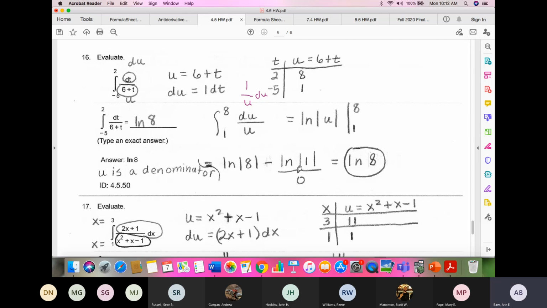Well, ln of 1, if you use your calculator, is 0. Ln of the absolute value of 8 is just ln of 8. So the answer is ln of 8 minus 0, which is ln of 8. Any questions on problem number 16?